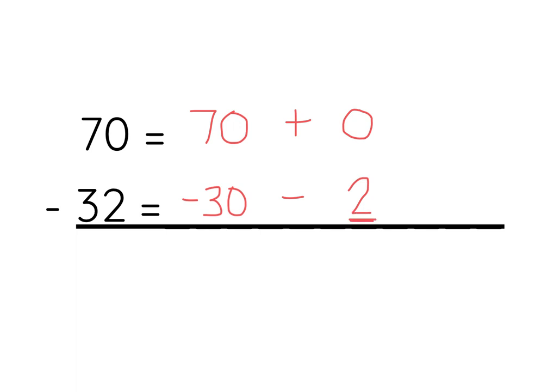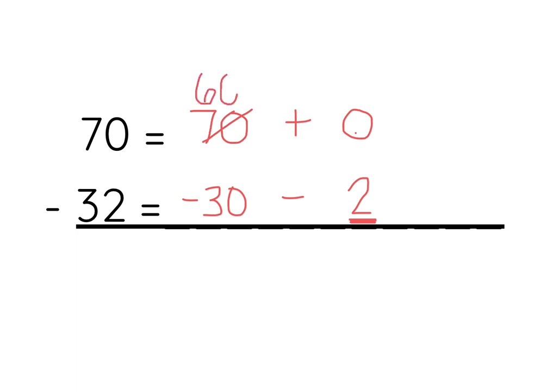Notice my 2 is bigger than my 0, so when I subtracted, I'd actually get a negative 2. We don't want negative numbers in this strategy, so I need to get more ones. The place I get more ones is from the tens place.